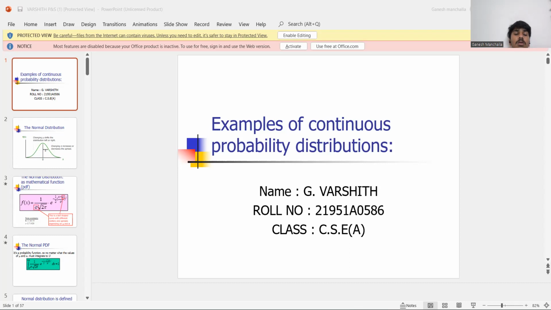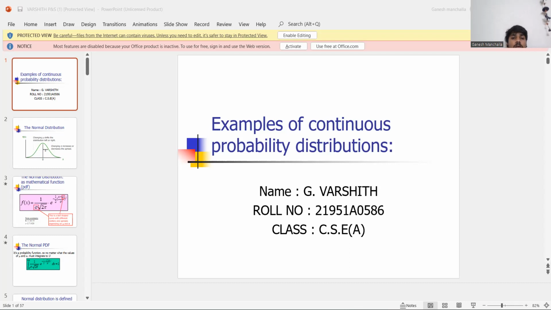Variance equals sigma squared, that is the integral from minus infinity to plus infinity of x squared times 1 by sigma root 2 pi into e power minus 1 by 2 of (x minus mu by sigma) whole squared dx, minus mu squared. Here mu means the mean of the distribution. Standard deviation is the root of the variance.